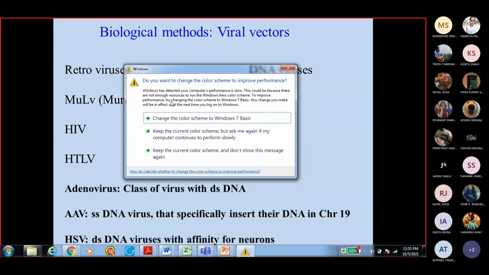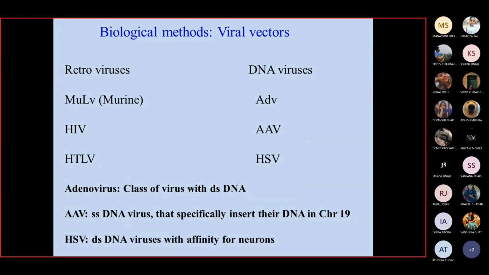The other methods are, you can use biological methods, where retroviruses or DNA viruses can be used for introducing foreign genes. Okay. For example, among retroviruses, you have murine leukemia virus, MuLV, okay, and you have HIV, you have HTLV.